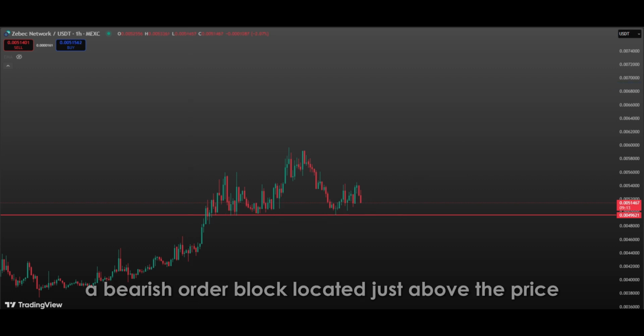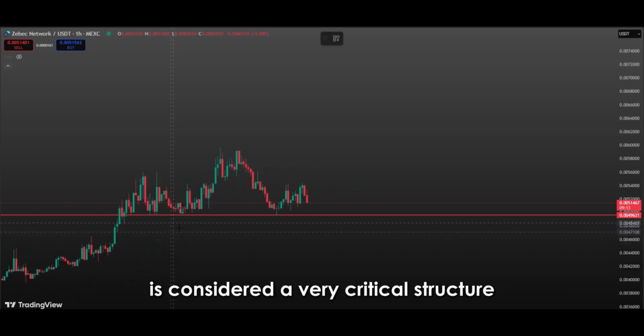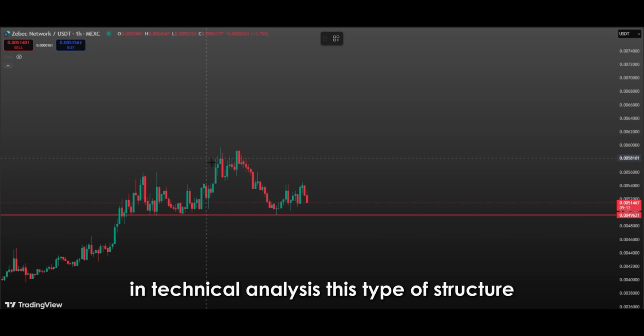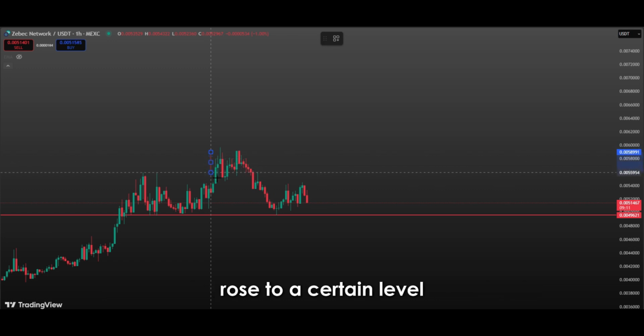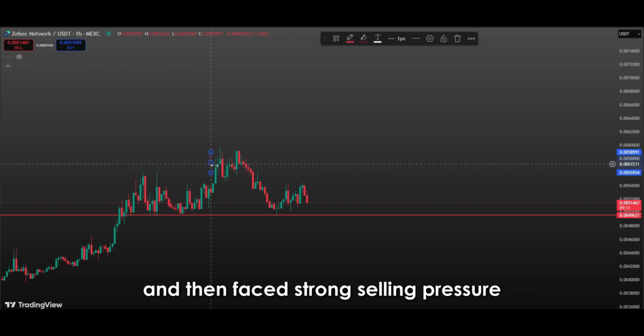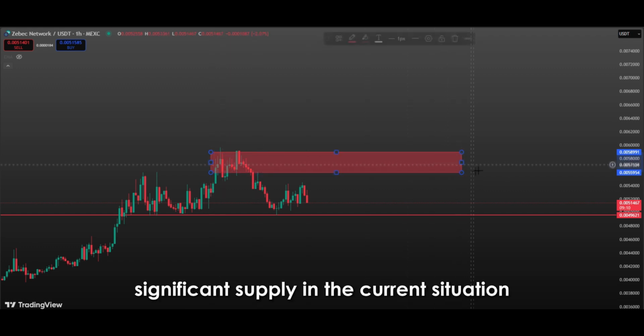Stay tuned. A bearish order block located just above the price is considered a very critical structure in technical analysis. This type of structure represents an area where the price previously rose to a certain level and then faced strong selling pressure, meaning it encountered significant supply.